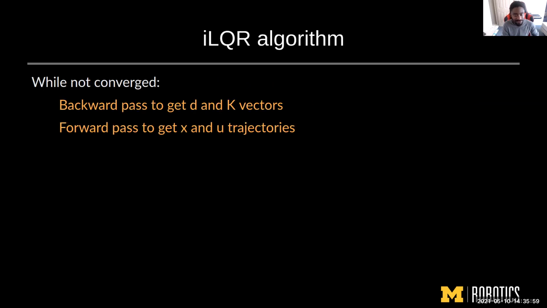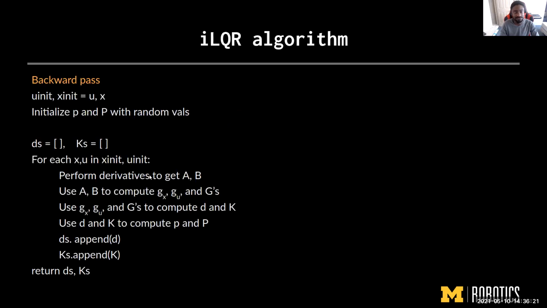So as a summary, the iterative LQR algorithm works like this. We perform the backward pass to get all those variables simply to get the D and the K. So the main goal is to get the D and the K. Once we get D and the K, we then use them to get the U, and then we use the U with the dynamics to get the X. And we perform this over and over until it converges.